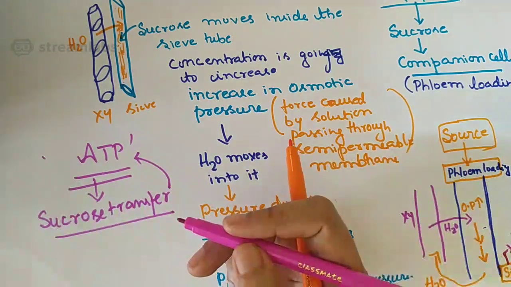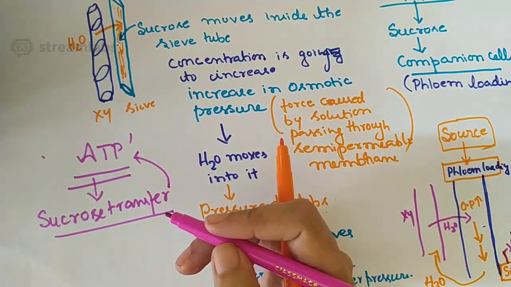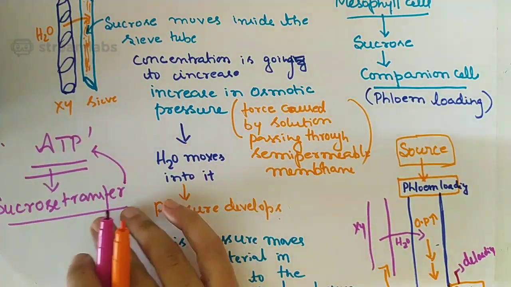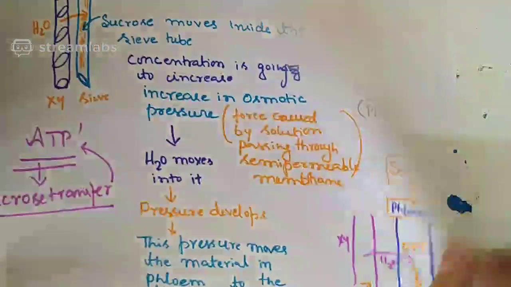So it is an active transport because there is expenditure of energy. So that is transport in plants.